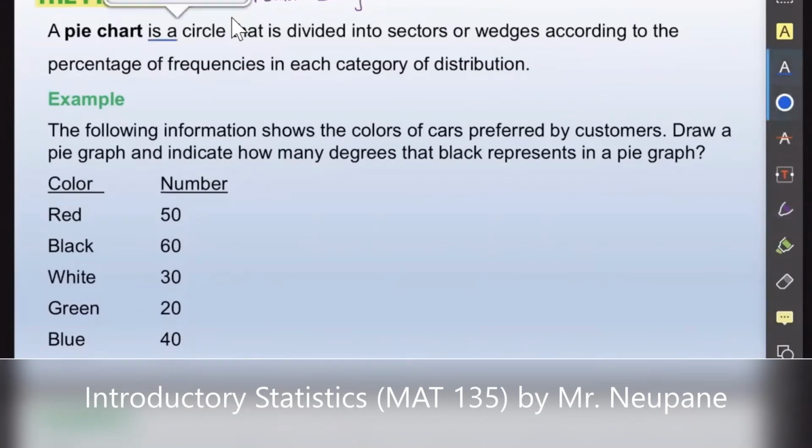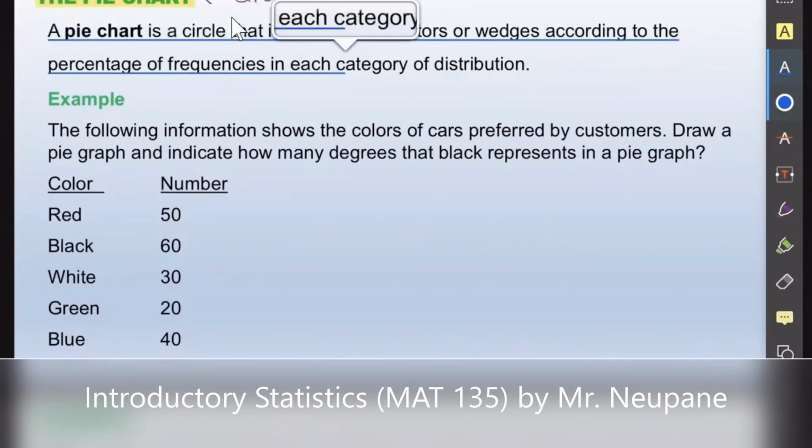So a pie chart is a circle that is divided into sectors or wedges according to the percent of frequency in each category of the distribution. So what we have to do in creation of the pie chart is draw a circle, and then in that circle, we have to put the categories based on the percentage.